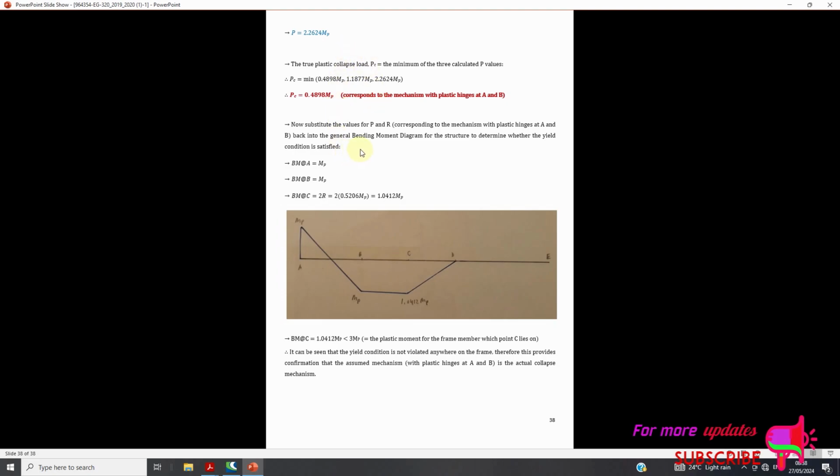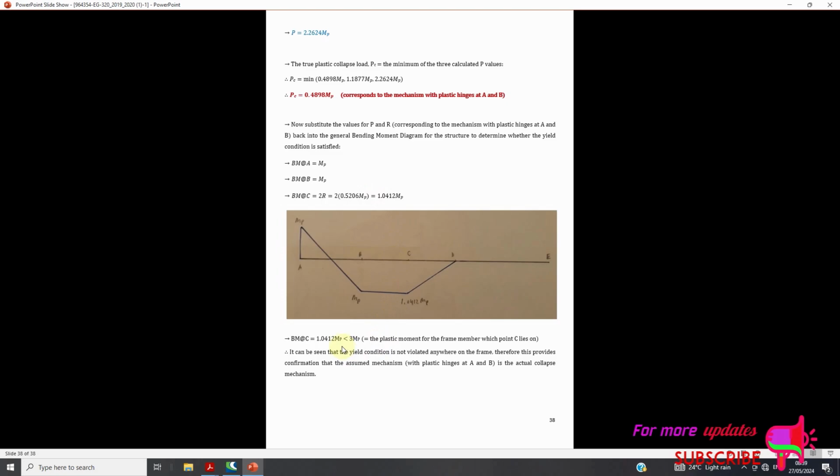Now substitute the values of P and R corresponding to the mechanism with plastic hinges at A and B back into the general bending moment diagram for the structure to determine whether the yield condition is satisfied. Now, BM at A is equal to MP, BM at B is equal to MP, and BM at C is equal to 2R.